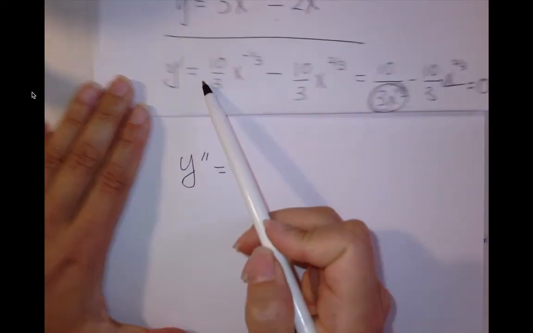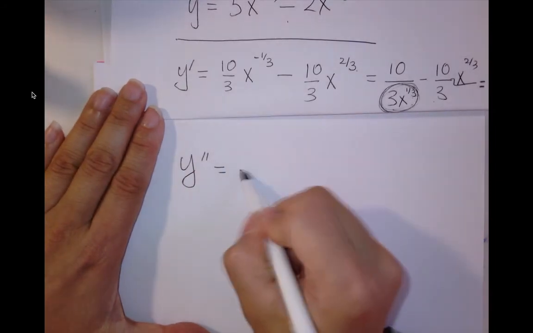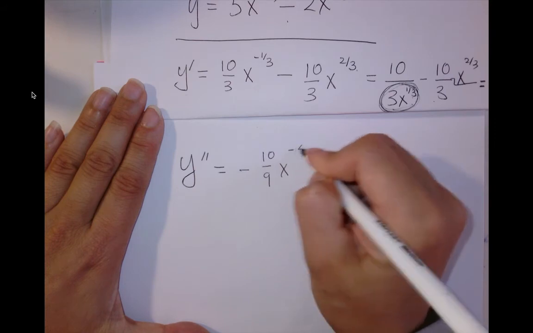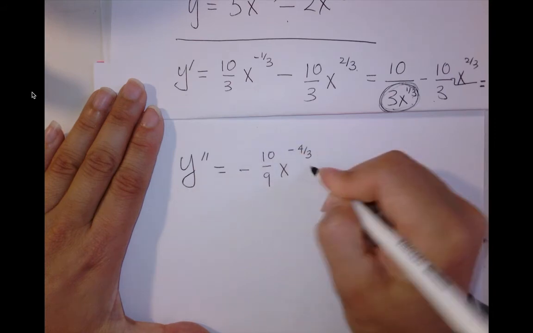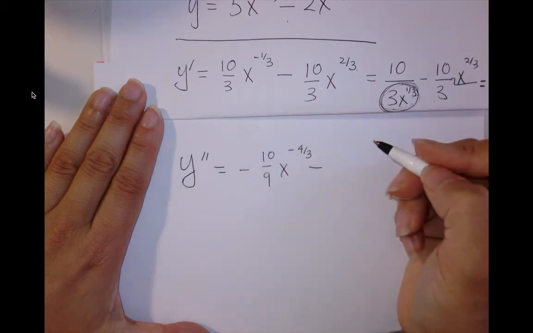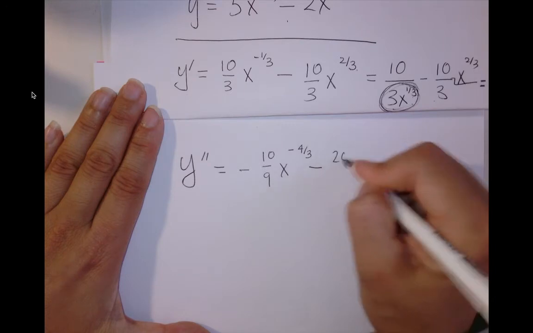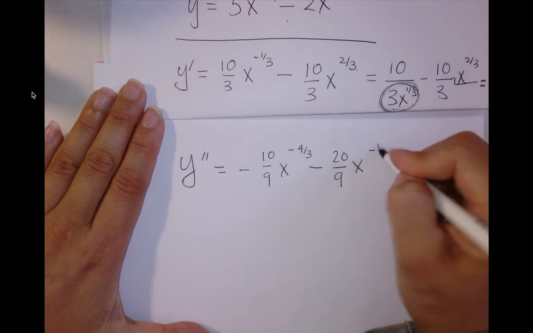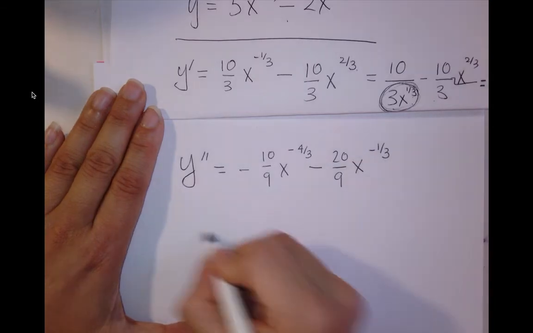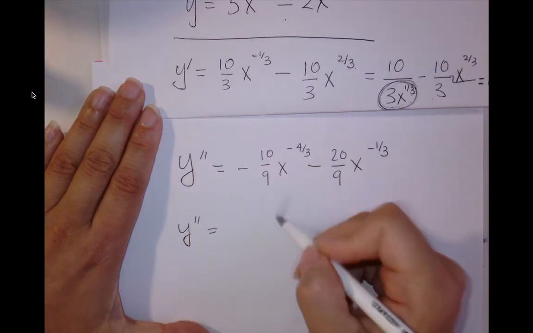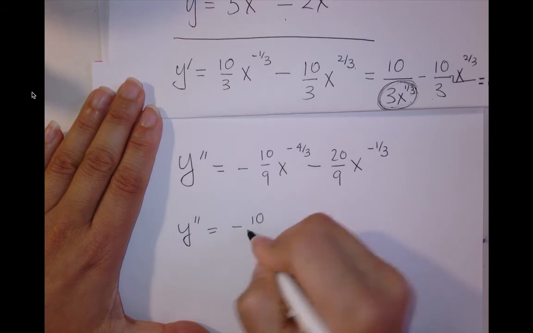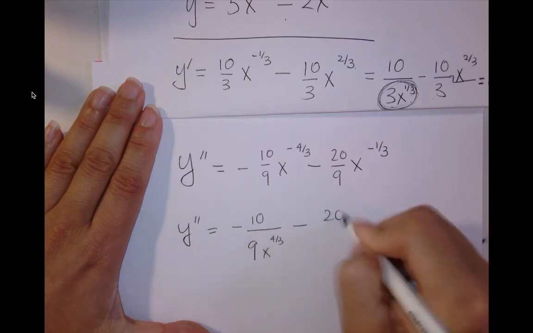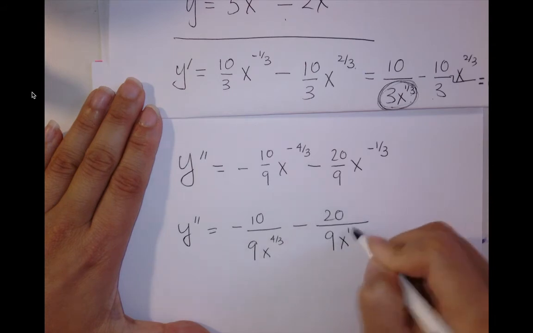So I take the second derivative, I get negative 10/9 x to the negative 4/3 minus 20/9 x to the negative 1/3. So the function I end up with, I'm just going to rewrite this, is negative 10 over 9x to the 4/3 minus 20 over 9x to the 1/3.